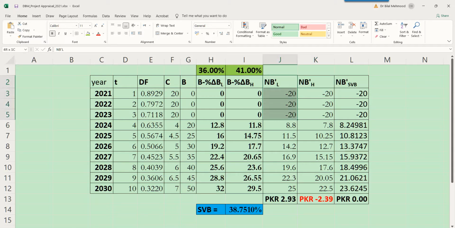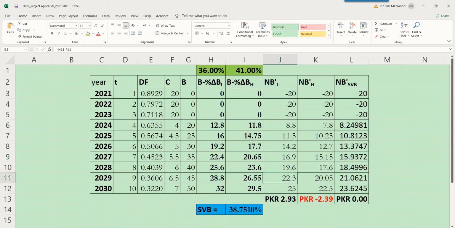In case of lower change in benefits, we will be using the first column that we developed, and we will take the difference with costs, this original cost column, because in sensitivity analysis we change only one of the variables at one point in analysis. That is the new benefits with lower change and the original costs that are in red color.